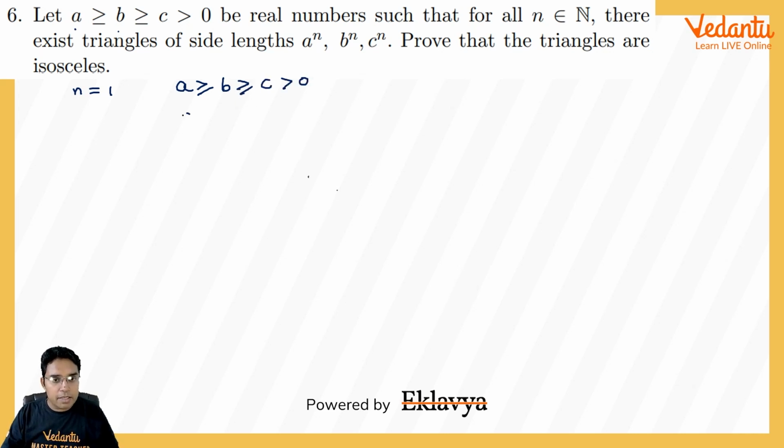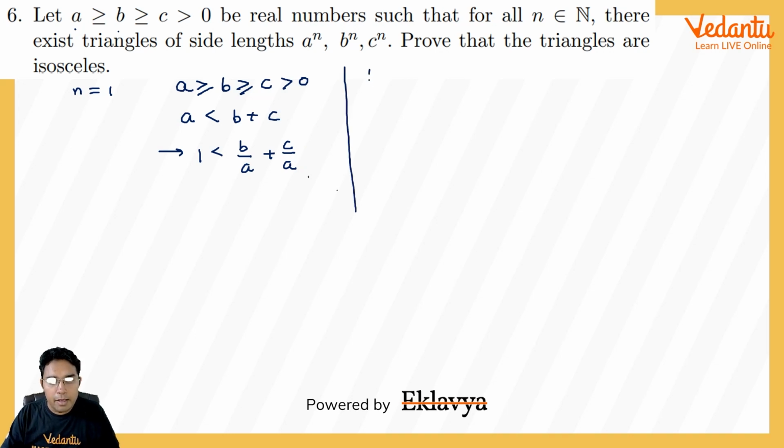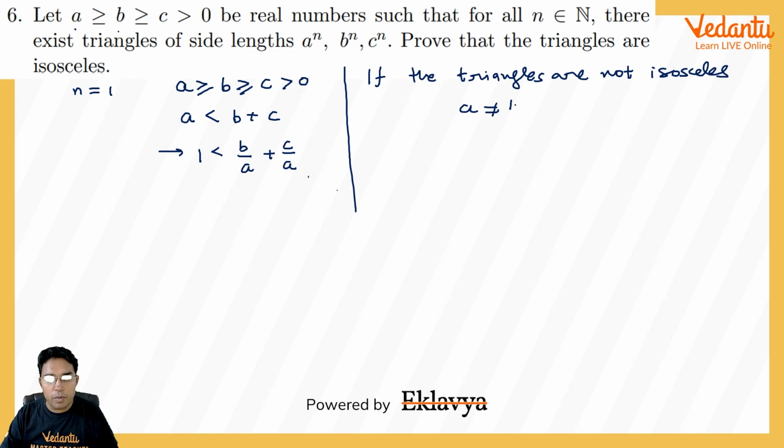Here A being the largest side, but because A, B, C are the sides of a triangle, A will be less than B plus C. So here we can write this as 1 less than B by A plus C by A. Now let us assume for the time being, if what we have to prove, that the triangles are isosceles, is false, if the triangles are not isosceles, then A is not equal to B is not equal to C.